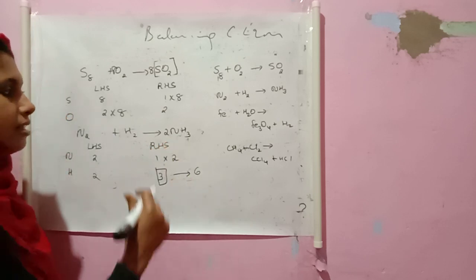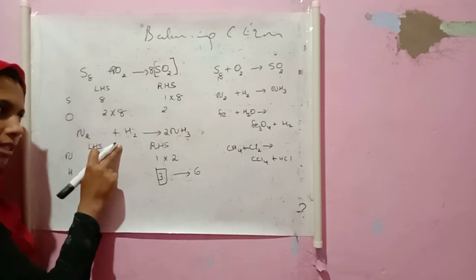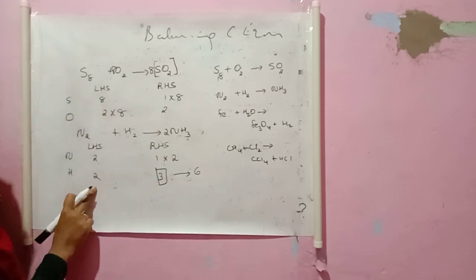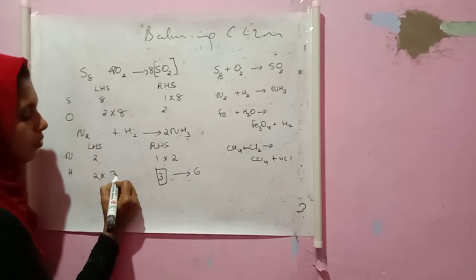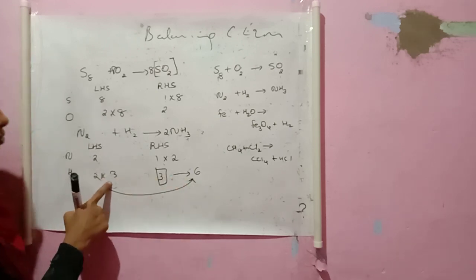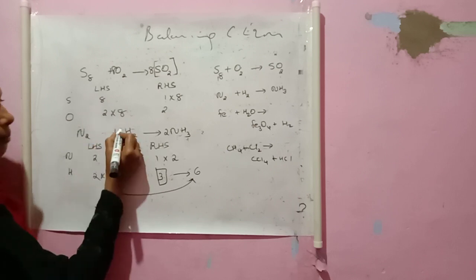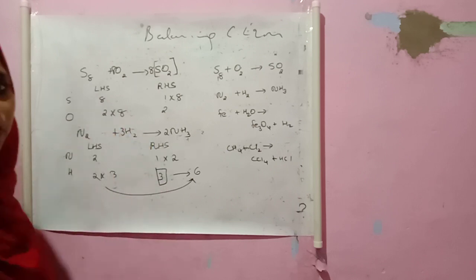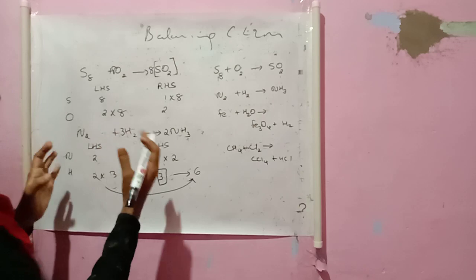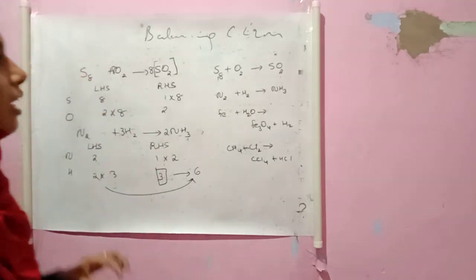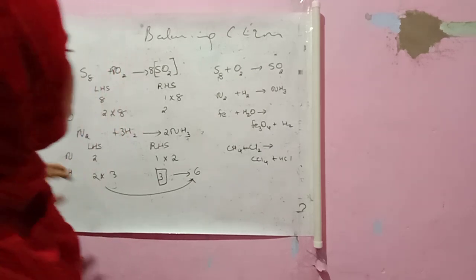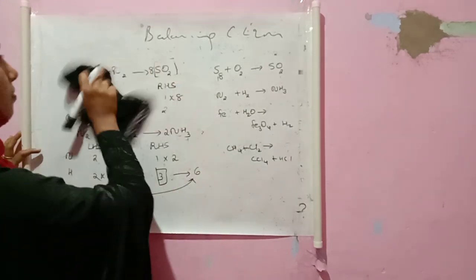So we have to balance the hydrogen atoms in the LHS from 2 to 6. For that I am multiplying this with 3. Now look, this reaction is also balanced. Very easy to study. Now we are moving to the next reaction.